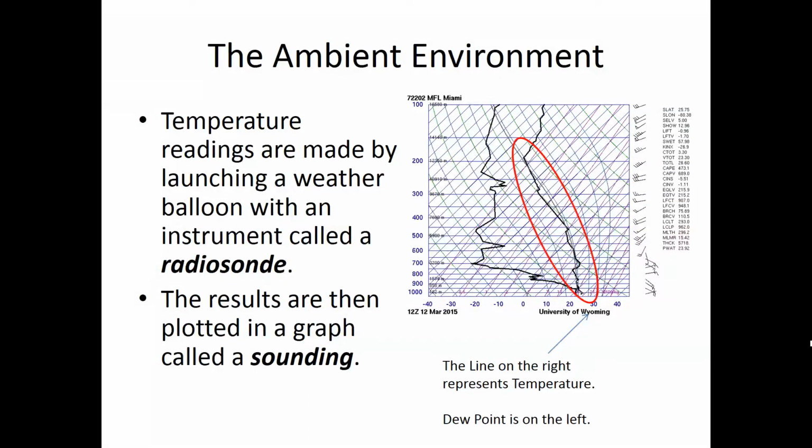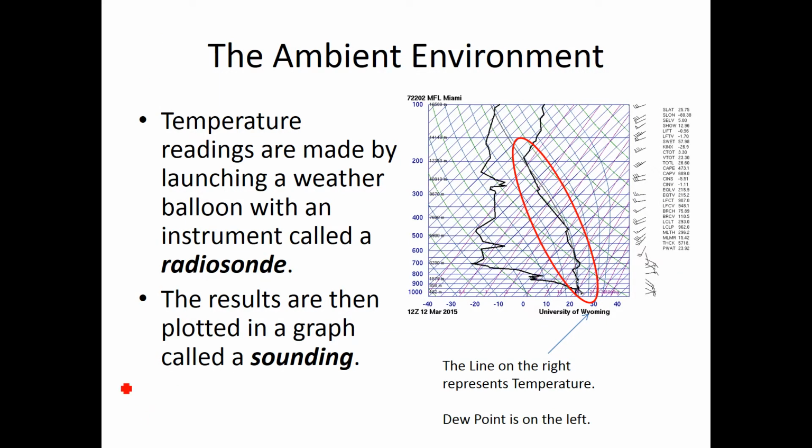We can then plot those results on something called a sounding. Now, this sounding is a little bit different from the one that you're used to using with the STUV diagram. This one is called a skew-T log P. You don't have to really use that in this class, so don't worry too much about it.